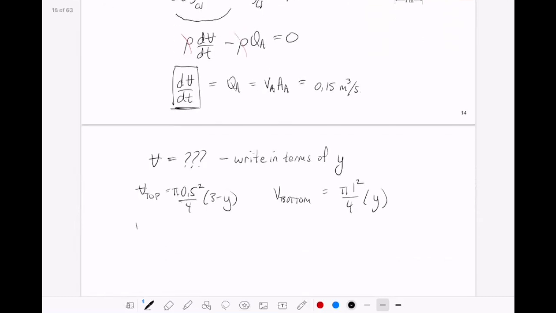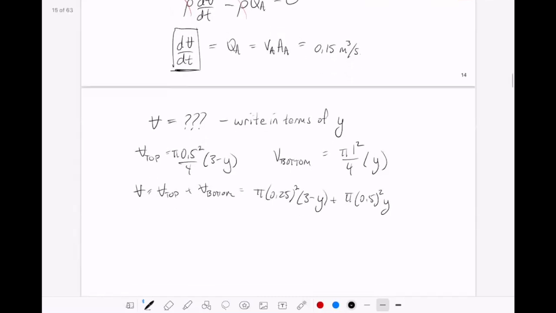So the total volume, the volume of the top plus the volume of the bottom, would be equal to pi times 0.25 squared times 3 minus y, plus pi times 0.5 squared times y. So this is our equation for V.